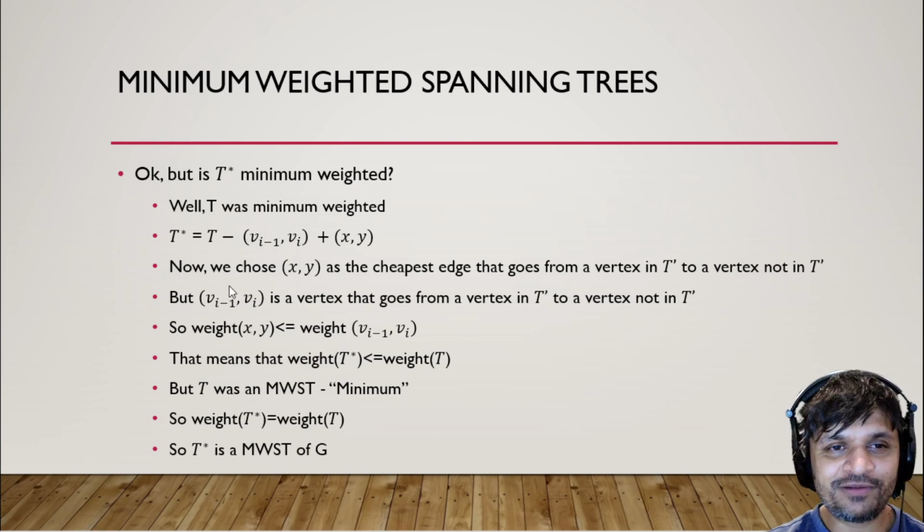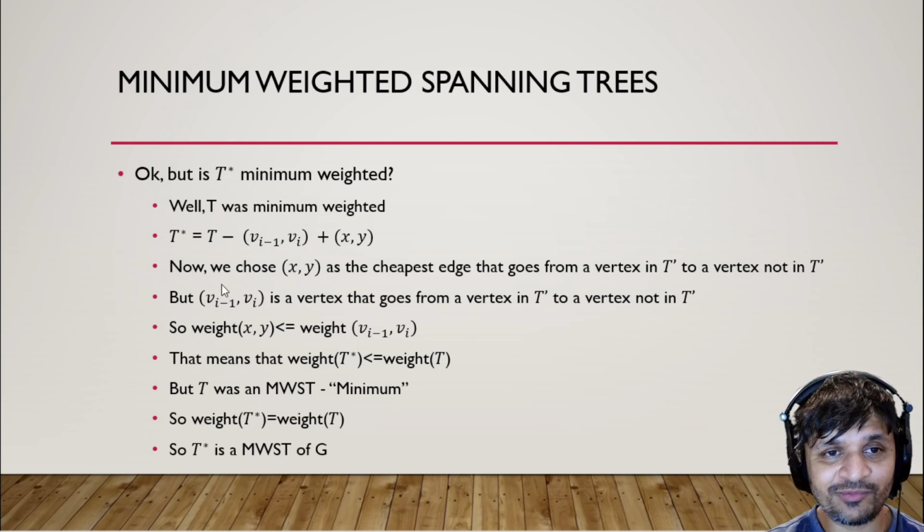But v_{i-1}v_i is also an edge that goes from a vertex in T prime to a vertex not in T prime, right? So it's one of the candidates that we rejected when we chose xy. We wanted the cheapest one, and we didn't choose v_{i-1}v_i, we chose xy.